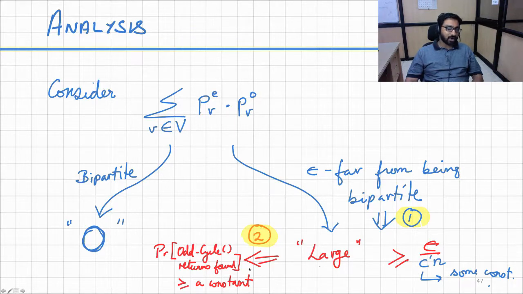And given that it's large, now our second step is to prove that the function odd cycle will actually return saying that an odd cycle is found with probability at least some constant. Okay, and by constant that means we're saying that it's bounded away from 0.